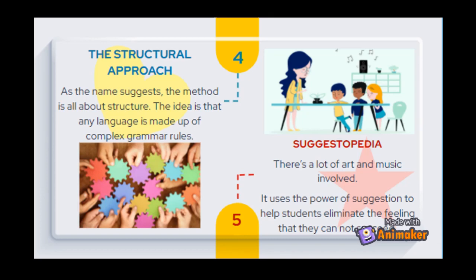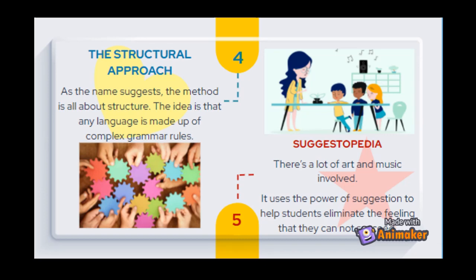Number 5. Suggestopedia. This is a behaviorist theory and related to pseudoscience. This method relies heavily on students' belief about the method's effectiveness. This theory is intended to offer learners various choices, which in turn helps them become more responsible for their learning.